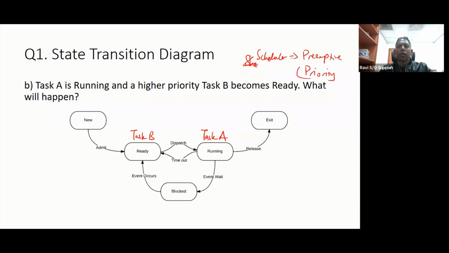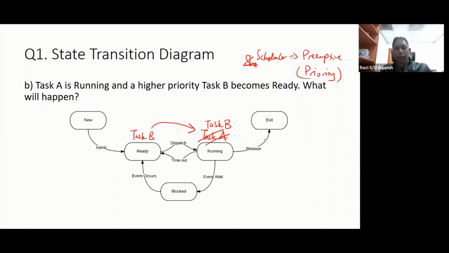That means the moment a higher priority task becomes ready, that should take over the CPU. That is the whole idea of an RTOS based system. It means some other task is more important, so that task should be allocated CPU usage. So task B must automatically transition over and switch to the running state. The running should now become task B.